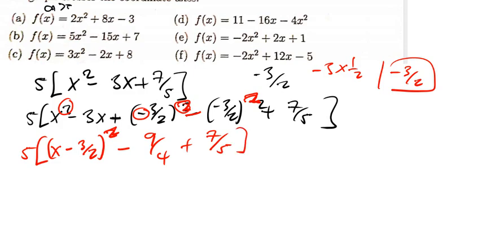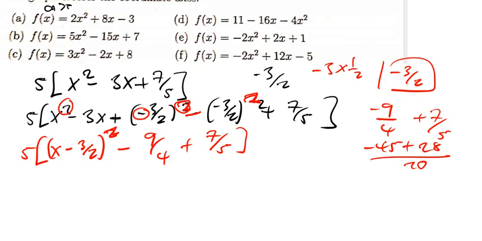The best thing is, let's first simplify this. The common denominator is 20. 4 into 20, 5 times 9, that is 45. So it's negative 45. Then plus 5 there, 4 times 7 is 28.